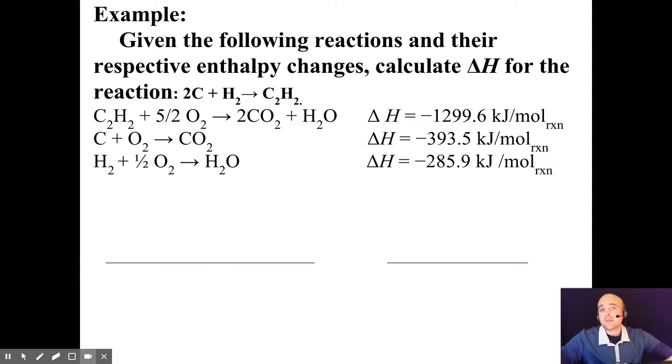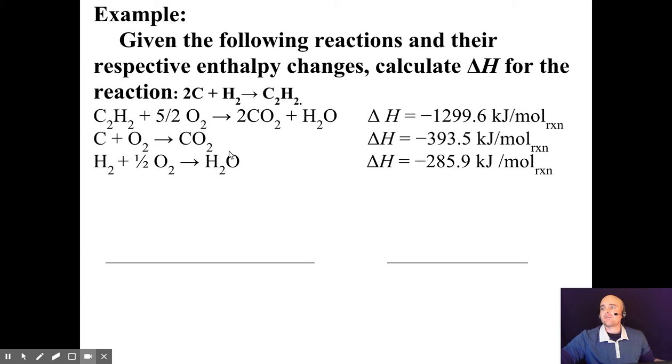Let's do the following mathematical example. Given the following reactions and their respective enthalpy changes, calculate delta H for the reaction 2C plus H2 yields C2H2. There we have three different reaction steps in our pathway and their corresponding enthalpy changes.